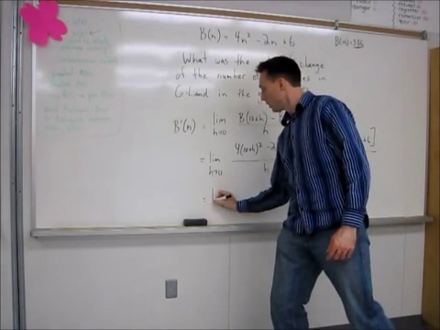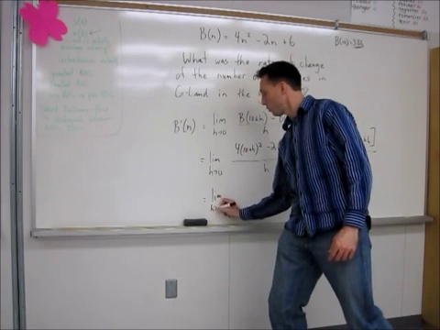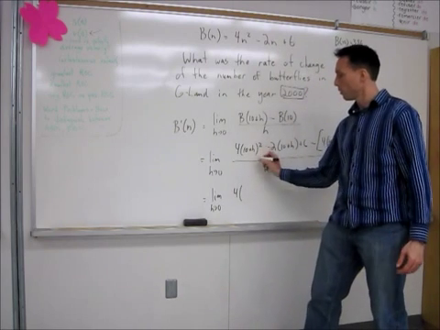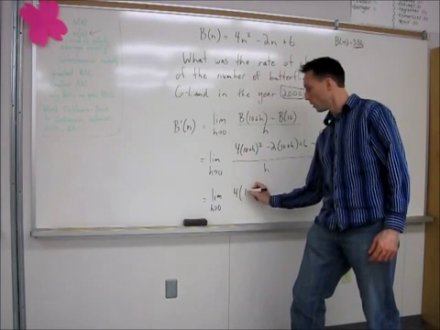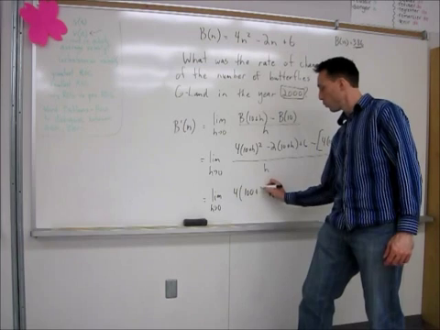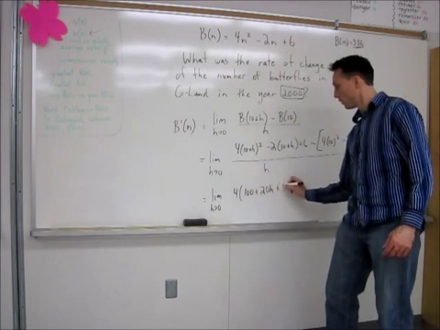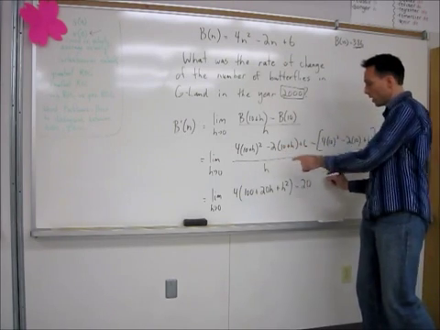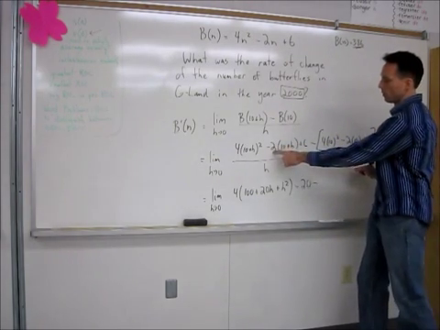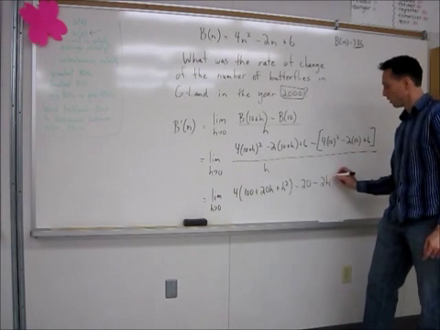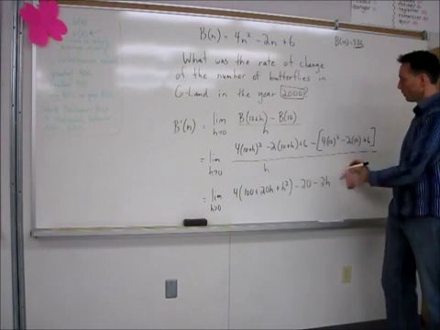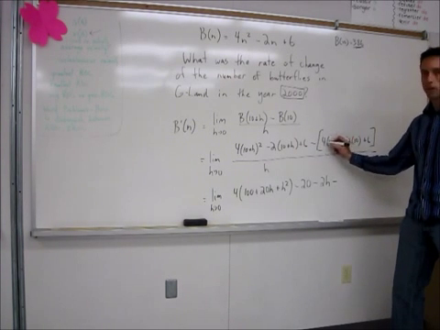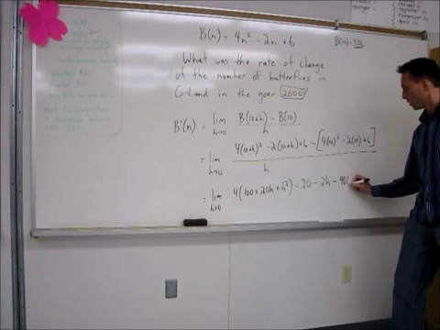Equals the limit as h approaches 0 of 4 times 10 plus h squared, which is going to be 100 plus 20h plus h squared, minus 20, 2 times 10, minus 2 times h, so 2h, minus 400. 10 squared is 100 times 4, so minus 400.